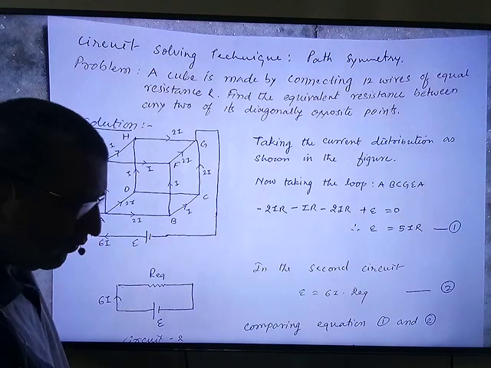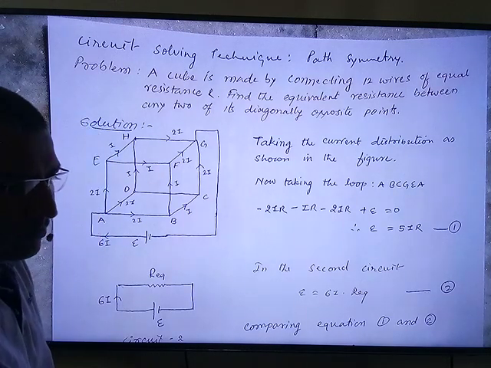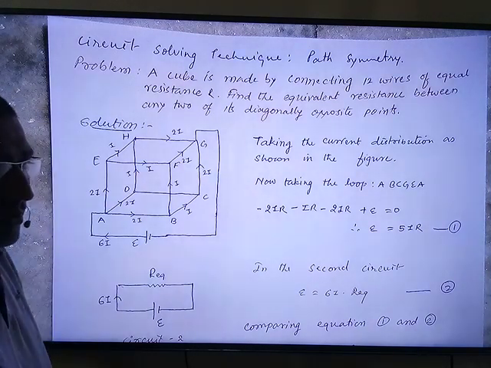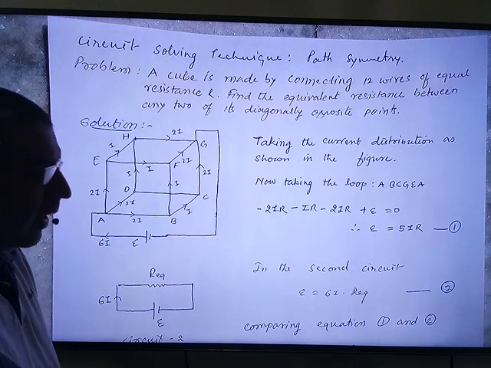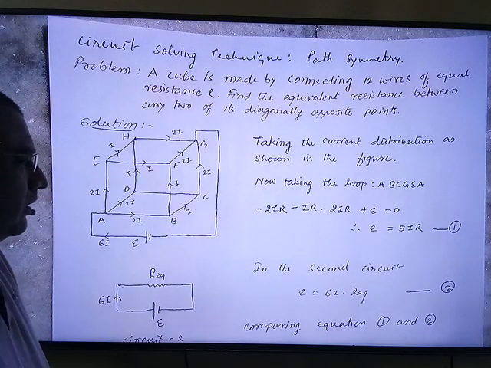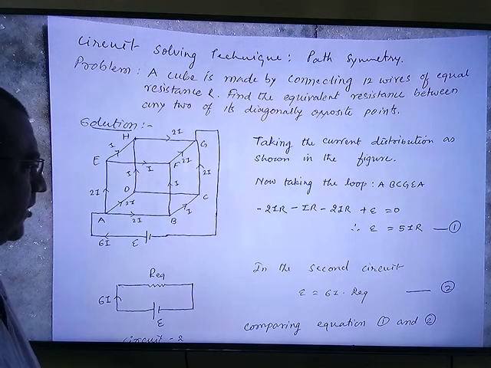Now the first and foremost question is, how will you know that this is a problem involving path symmetry? That's what the main question is. Then do follow what I say.